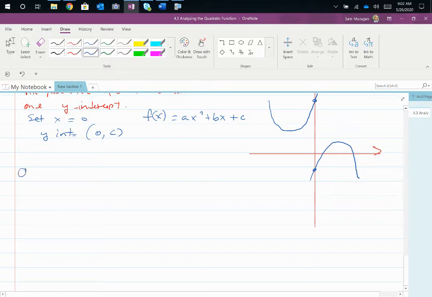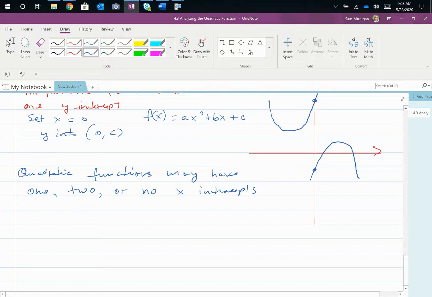Now, quadratic functions may have one, two, or no x-intercepts.